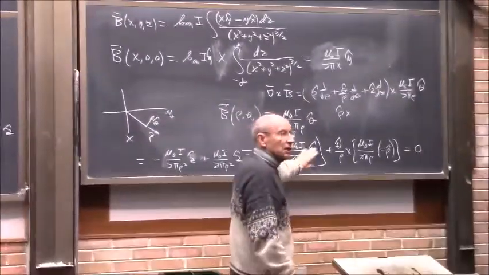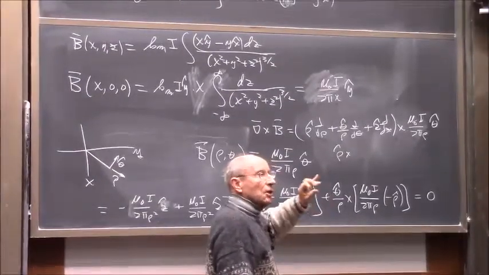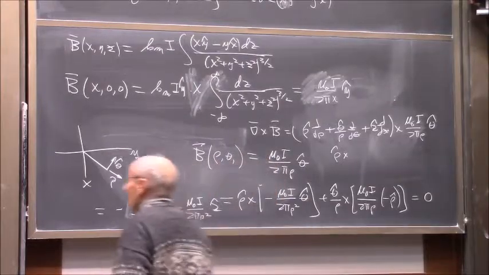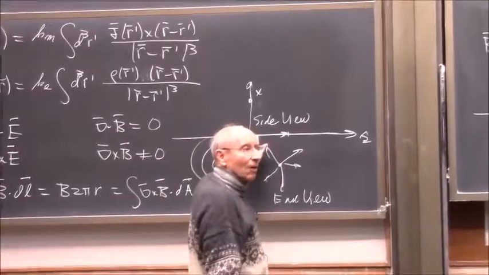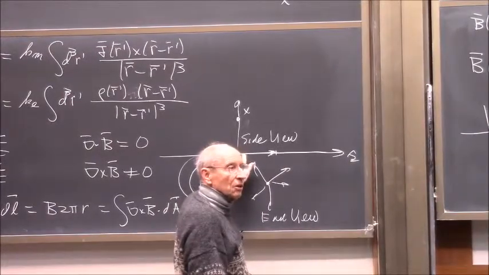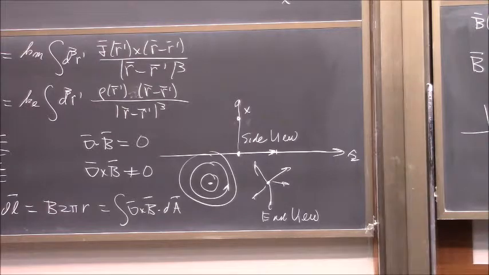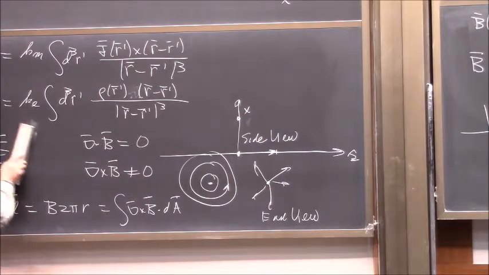Okay, everyone understood things to here? So what we've concluded is the curl of B is 0 everywhere except here on the line. Everywhere else, the curl of B is 0. Okay, now let's proceed to calculate the divergence of curl mathematically.